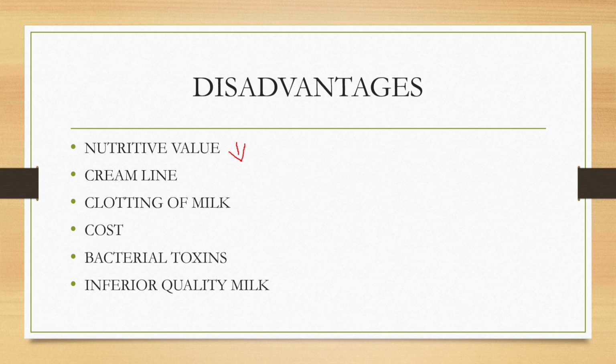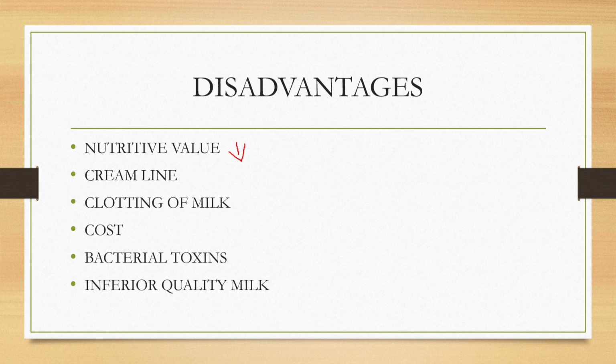And there's something called the cream line. The cream line is the amount of fat that rises to the top of a bottle of milk. This cream line is also affected. Next, clotting of milk.